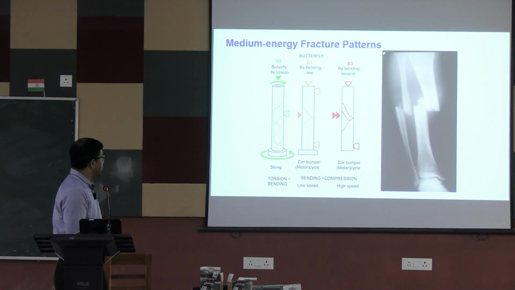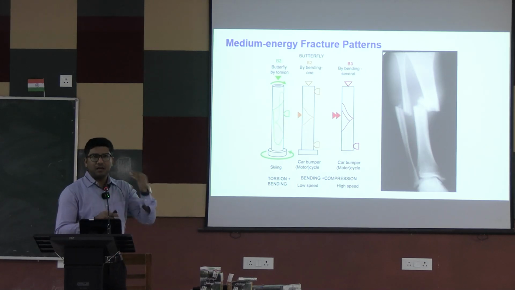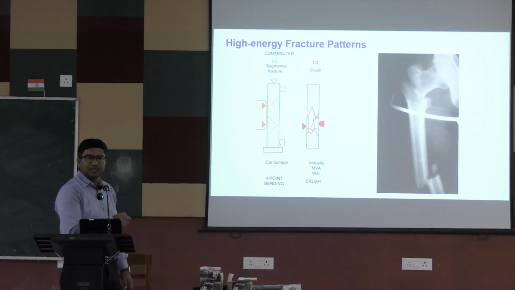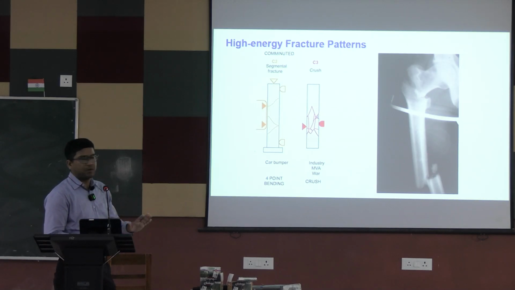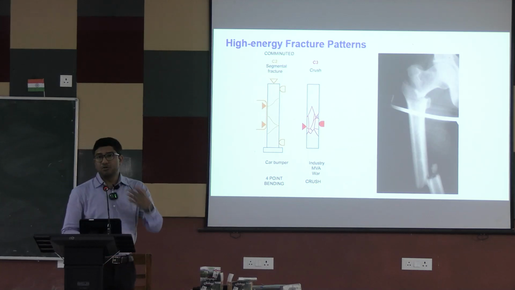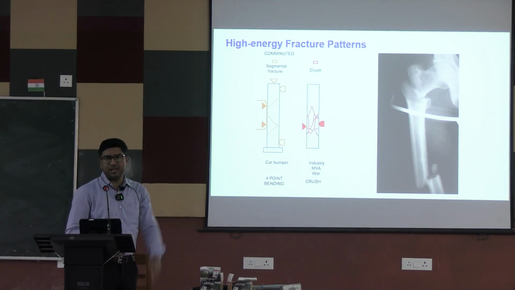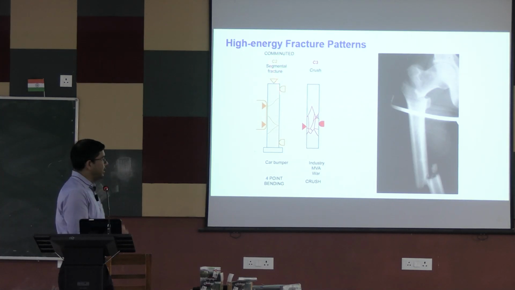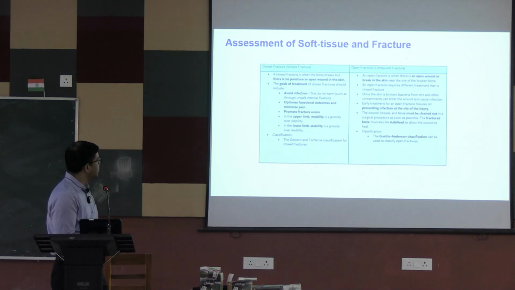In these cases, we get this kind of butterfly fragment, multiple fragments, comminuted fragments. So they generally have a very high grade of tissue injury. This kind of segmental fracture, fractures at multiple places, suggests this is a high energy trauma. This kind of fracture happens with a motor vehicle accident, fall from a very high height, fall from a mountain or tree. So this kind of high energy fracture pattern generally has a very high grade of soft tissue injury.